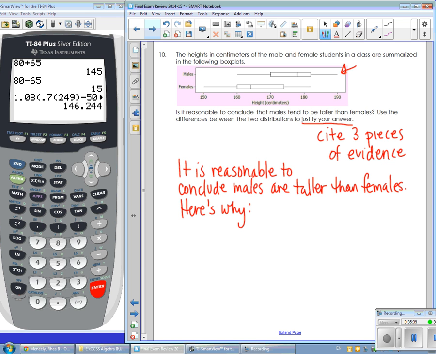Okay, and we want 3 statements. Okay, so the first thing I notice is that the minimum for males is higher.